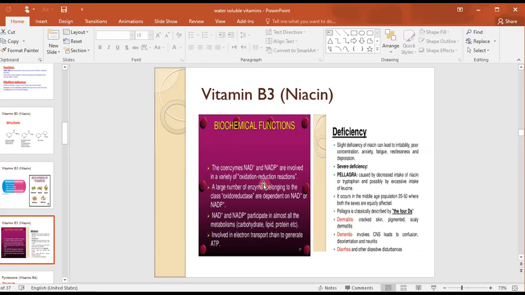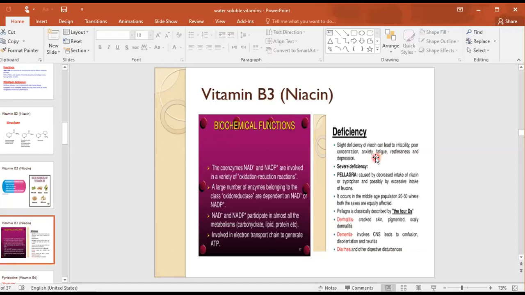It helps to repair the DNA. واحد من الوظائف المهمة بتاعت الناد اللي جاي من النياسين انه مهم للريبير بتاع الدي ان ايه، لو حصل دامج للدي ان ايه او حاجه بيساعد على الريبير ميكانيزم of DNA.